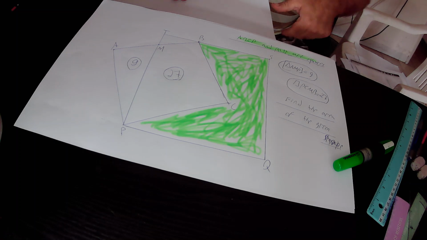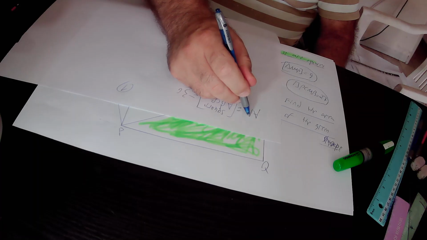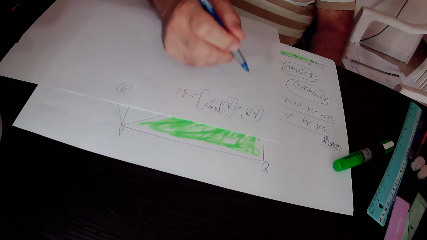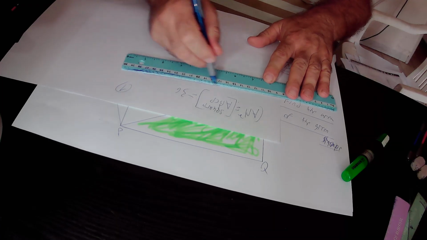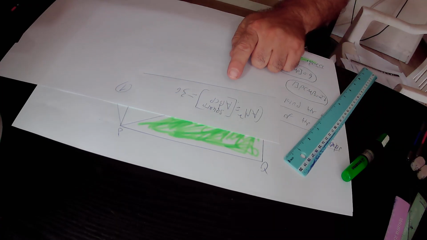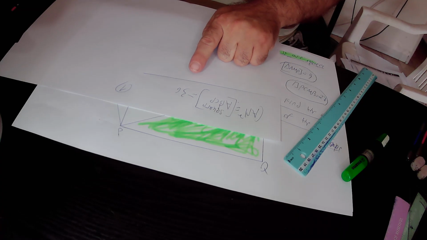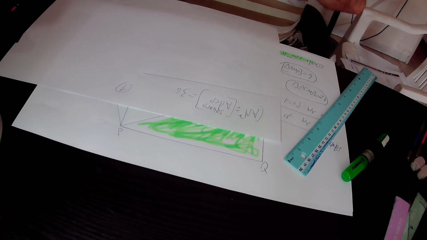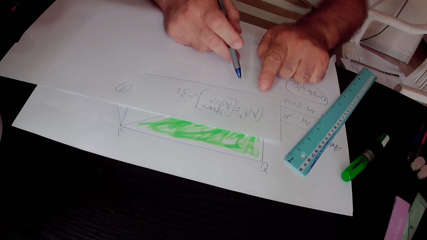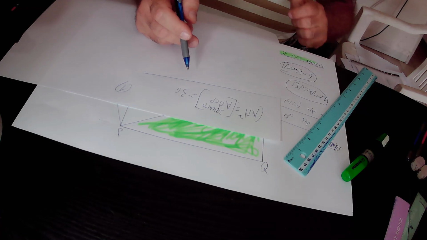That is AP squared. But again, from one side, the area of the small square ABCP is equal to 36 square units, but from the other side it also equals AP squared. From this equation, AP squared equals the area of the small square ABCP, which equals 36.